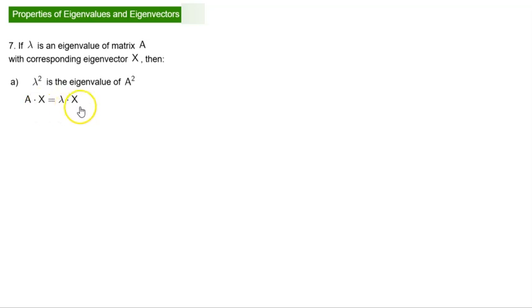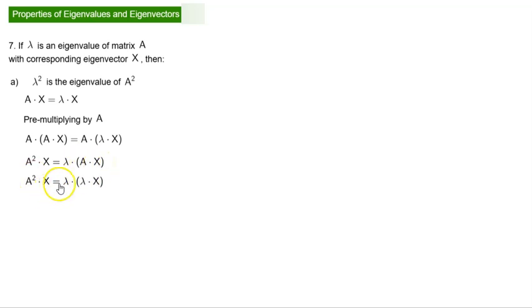A times x equal to lambda times x. Pre-multiplying by A on both sides, we get A times A times x is equal to A times lambda times x. So A times A is A square, times x, is equal to lambda times A times x.